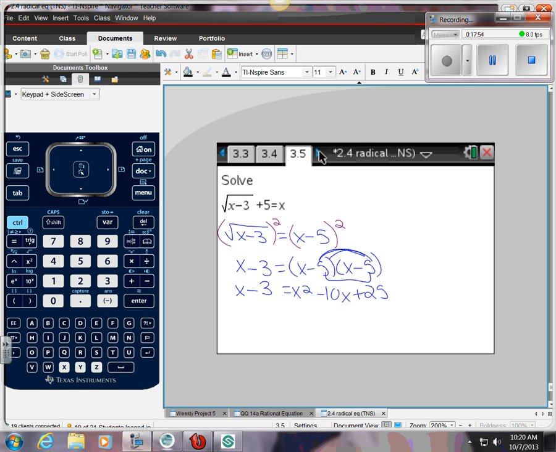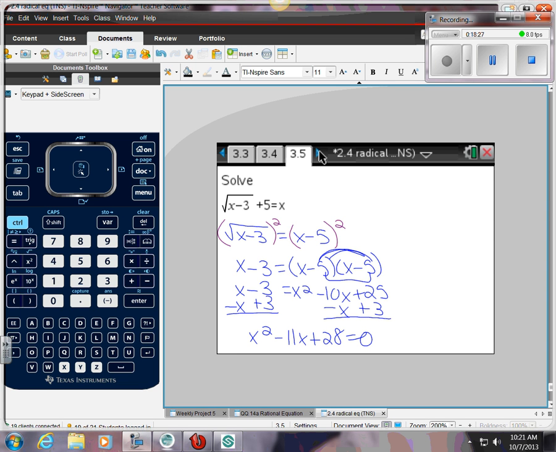All right, so we have x minus 3 equals x squared minus 10x plus 25. This is a quadratic. What do I like to do with quadratics? Get them equal to 0. So what am I moving? Subtract that x and add the 3. We're doing okay?